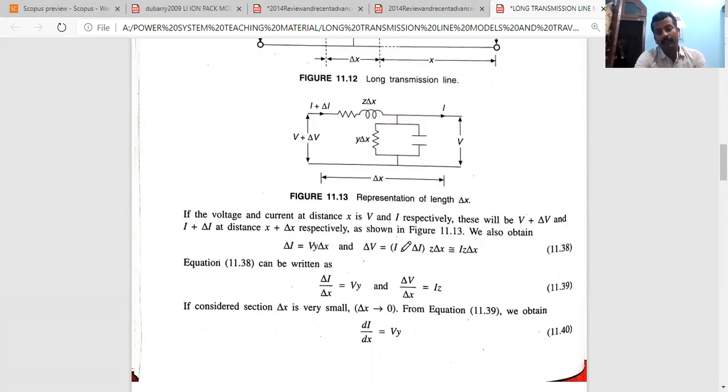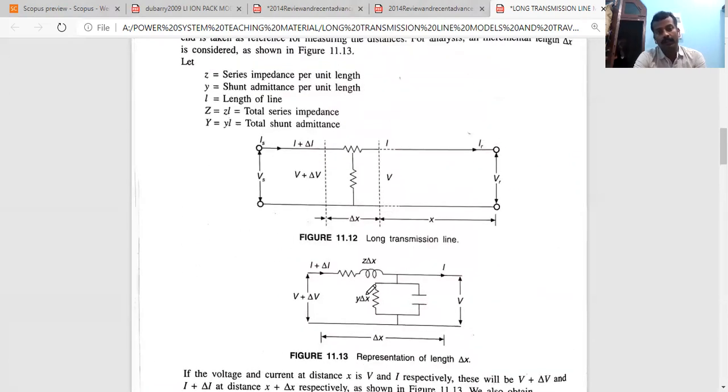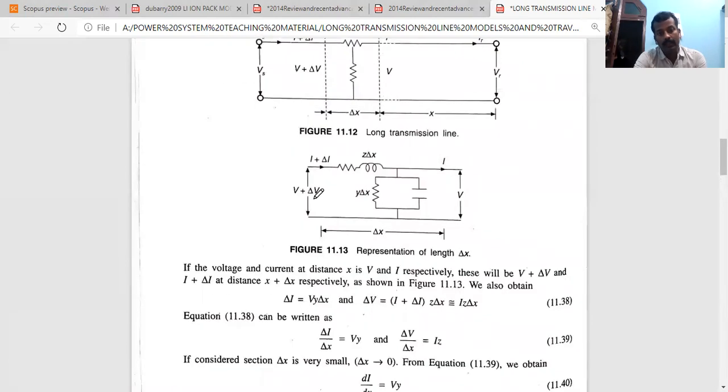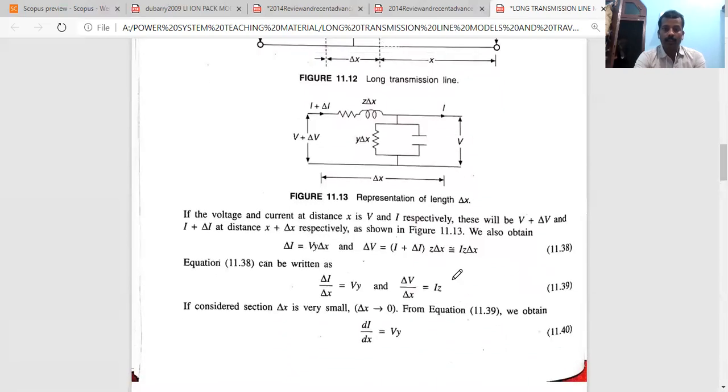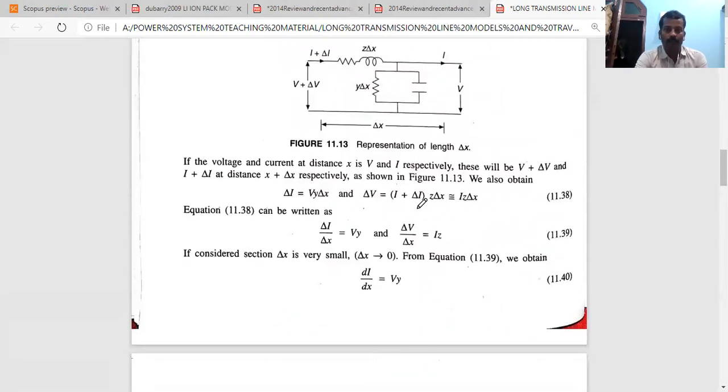Similarly, delta V will be, what? I plus delta I, this current, into the series impedance of this delta x section, that is Z delta x. It will be equivalent to I Z delta x. You know why it is neglected?